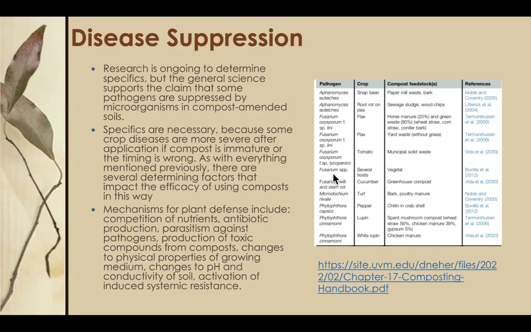You want to be very specific with this, because if you add the wrong compost at the wrong time, you can actually make it worse. That's a super important factor: you want to make sure you're getting the compost that has the microbial populations in it that you specifically want for this problem, if that's why you're using it, and use it at the right time.